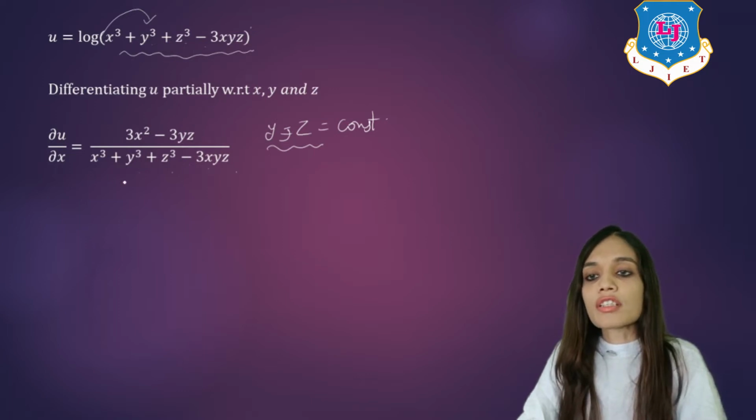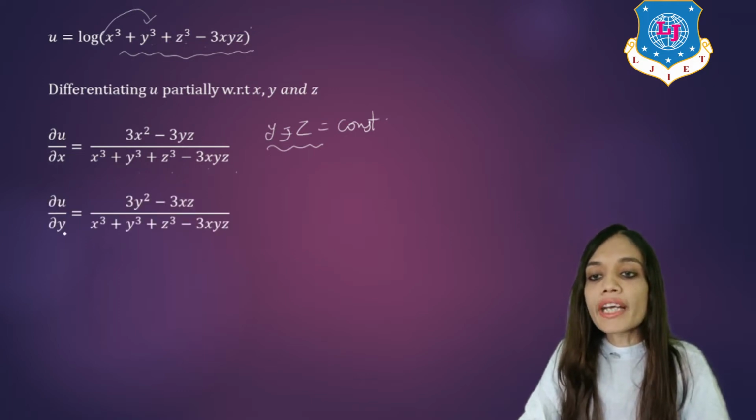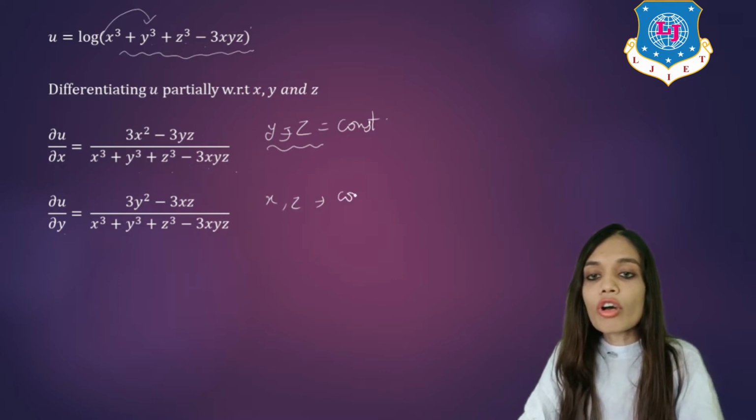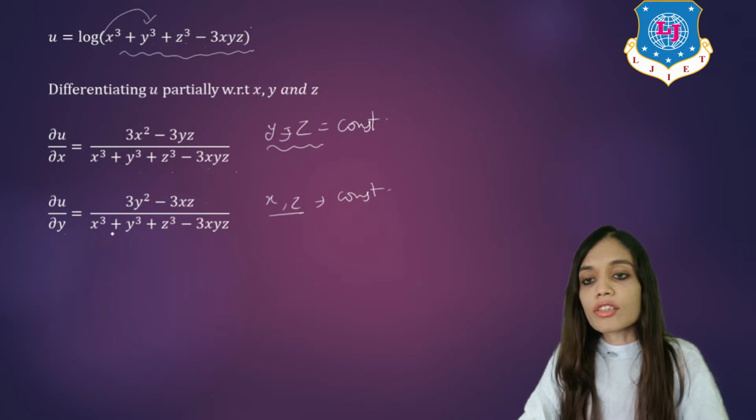and derivative of x will be equal to 1. Similarly, find del u by del y. In this you have to keep x and z as constant. So keeping x and z constant, you will get the answer as 3y square minus 3xz upon x cube plus y cube plus z cube minus 3xyz.